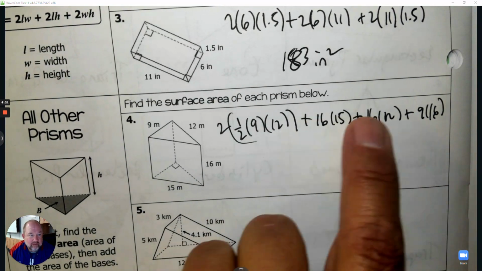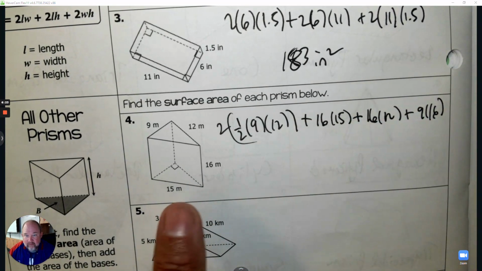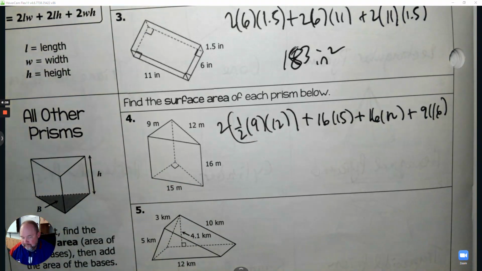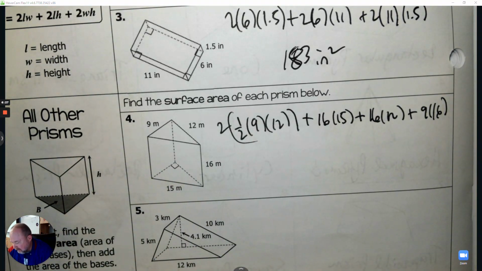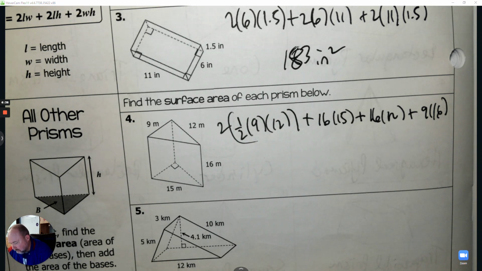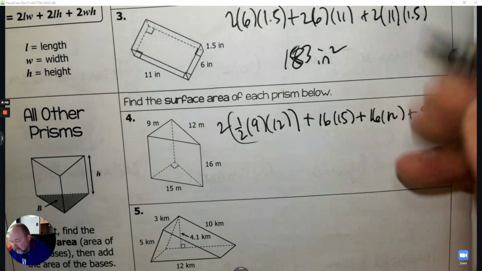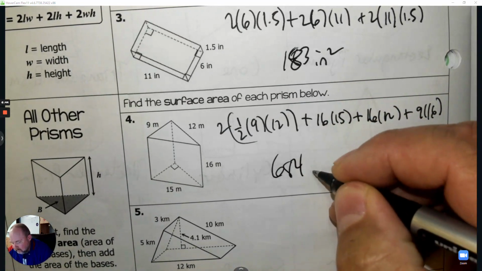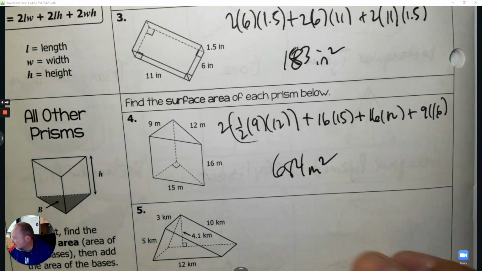Notice 16 is used each time for the different sides of the triangle. All right, I'm going to plug this in to my calculator. And I get 684. That's meters squared.